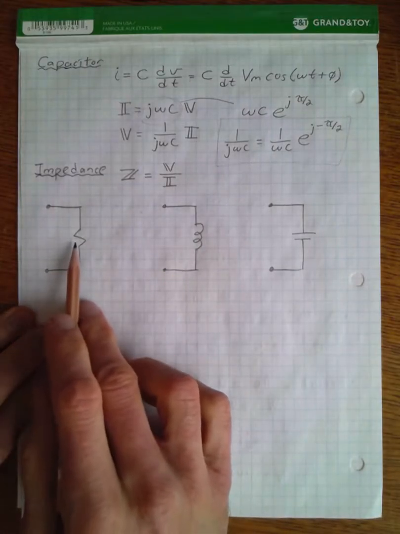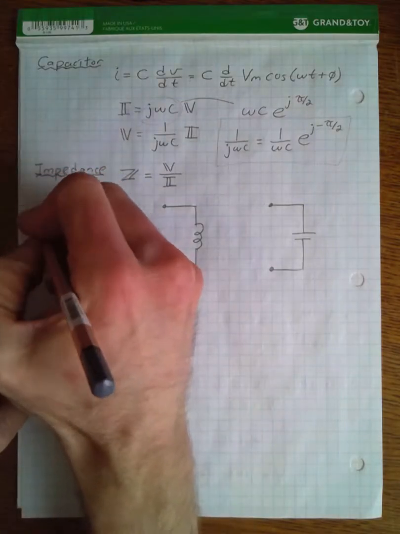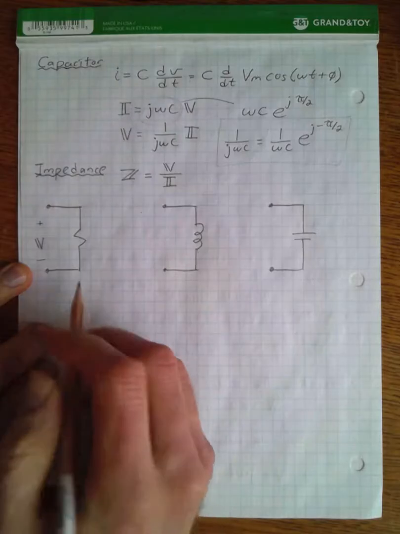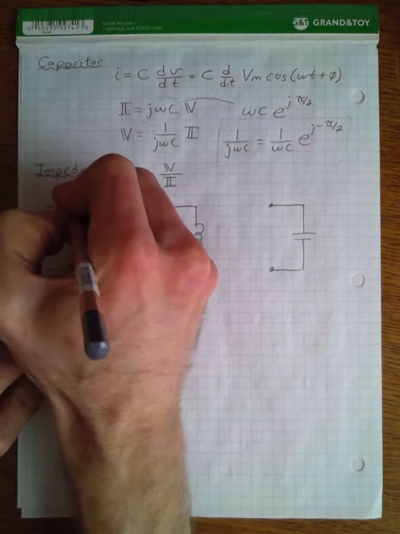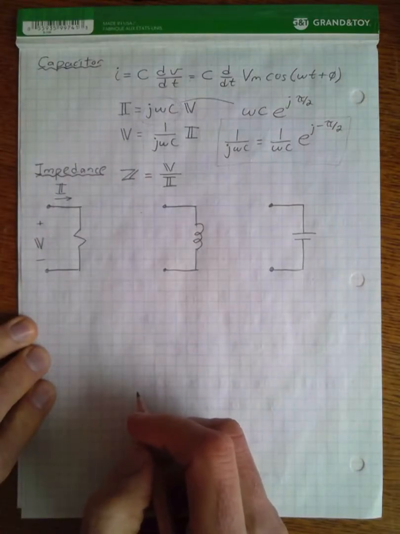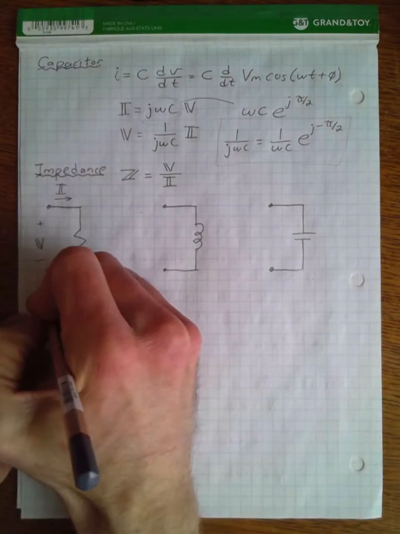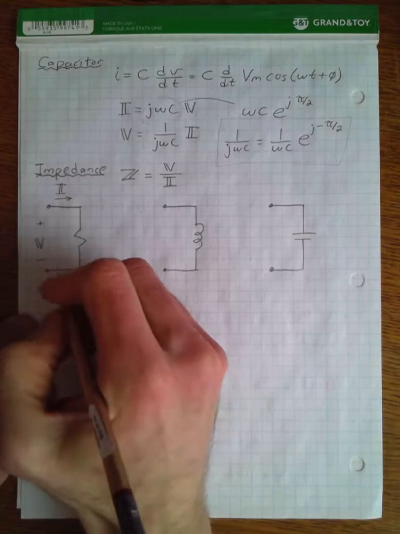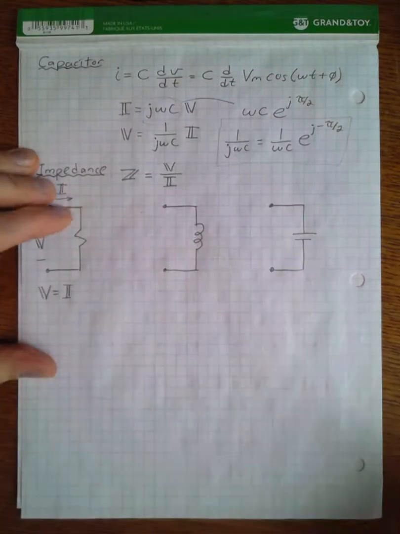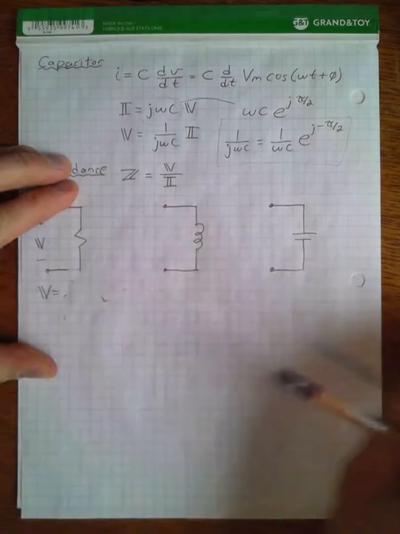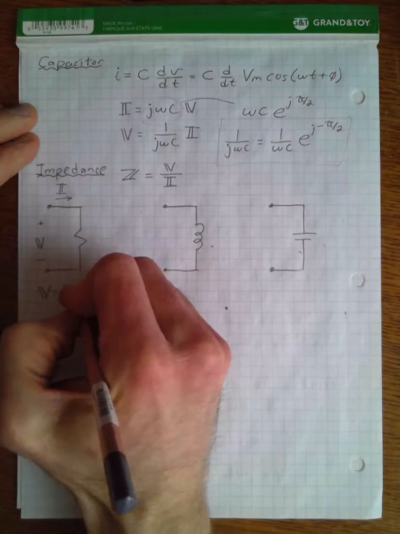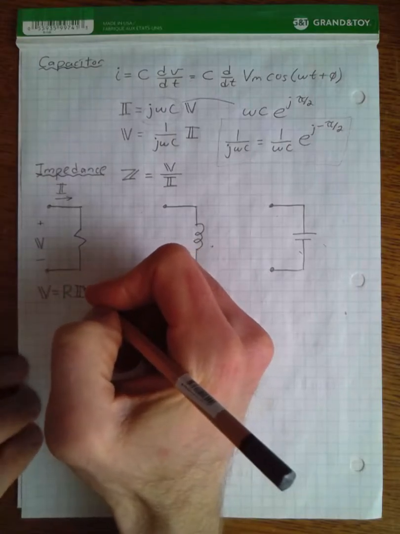And so let's take a look at our resistor component first. So we have our complex phasor voltage across our component, our phasor current going through the component, and we've seen already that voltage is equal to, I guess we wrote it the other way around, voltage is equal to resistance times current.